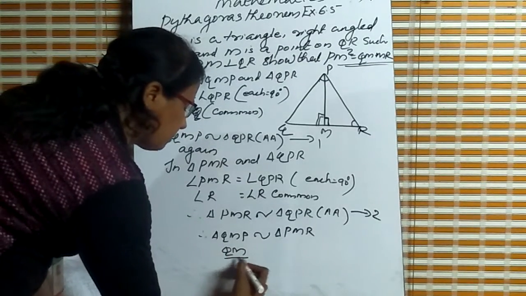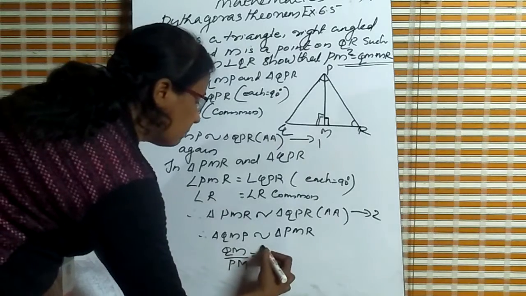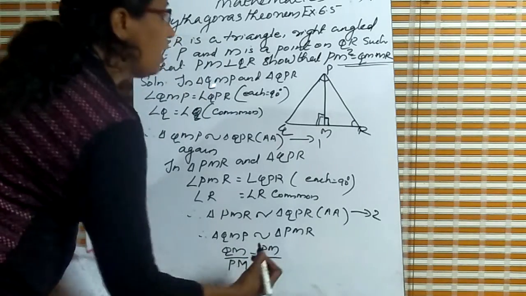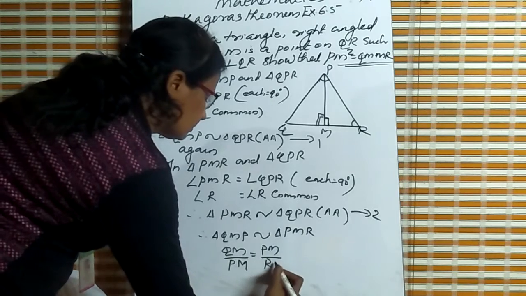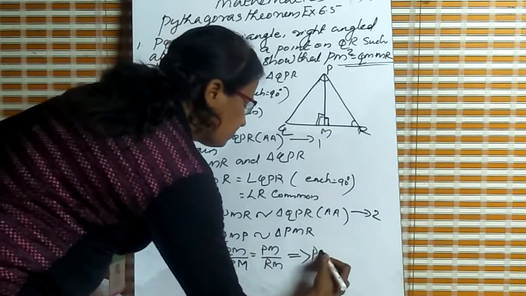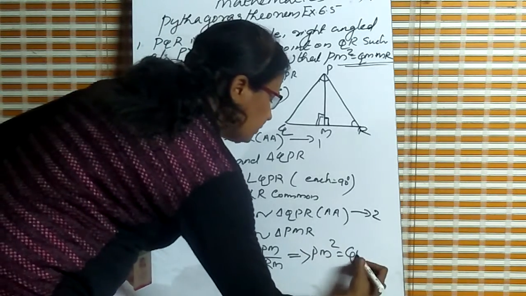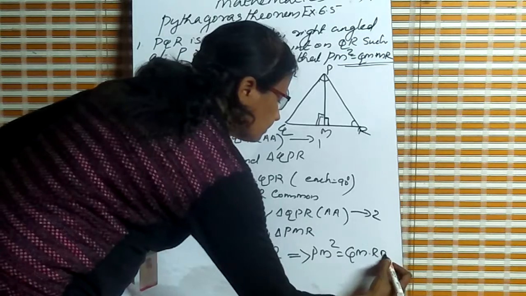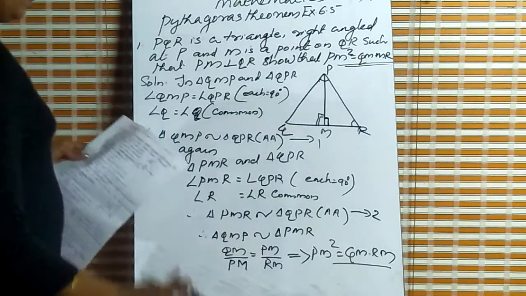QM by PM is equal to PM by RM. This implies PM into PM, PM square is equal to QM into RM.